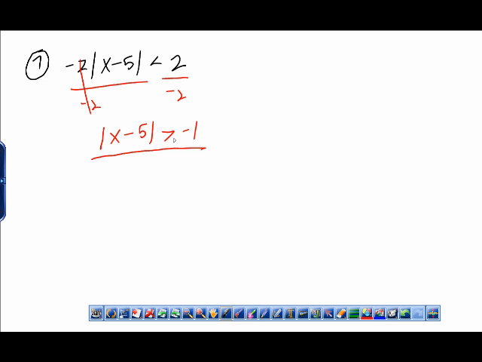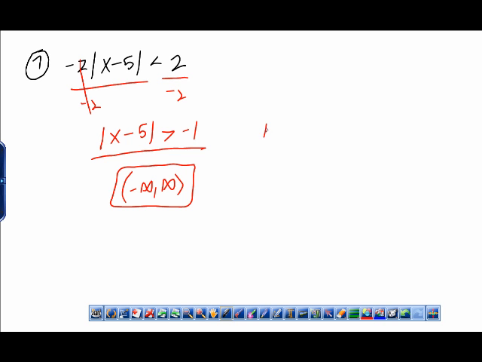It's not that it's not possible, it's that it's always going to happen. No matter where x is, when you subtract 5 and you take absolute value, whatever that distance is, even if it's 0, it's always going to be greater than a negative number. Okay, so how do we write always? We write it as all real numbers. And you don't want to do any other algebra to this because you'll get confused.